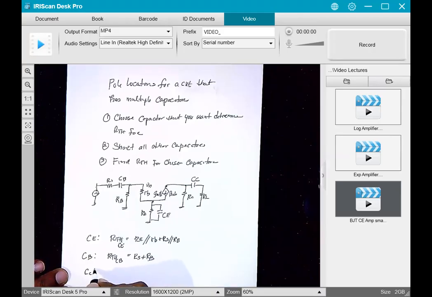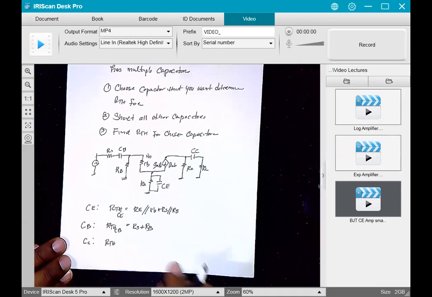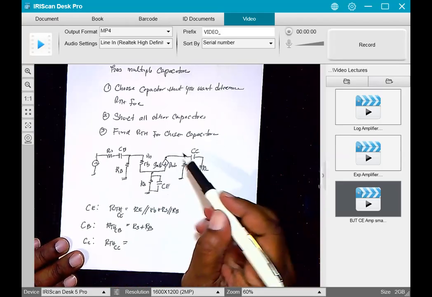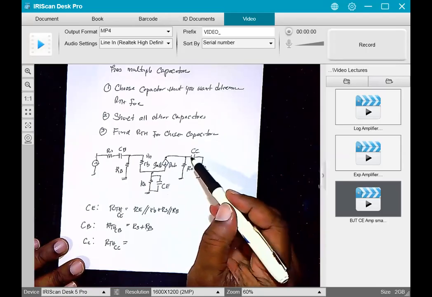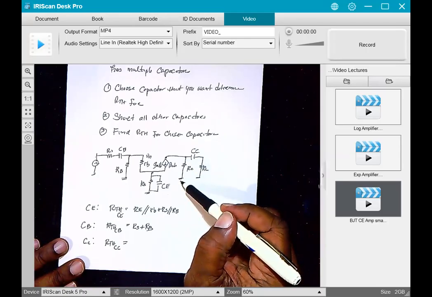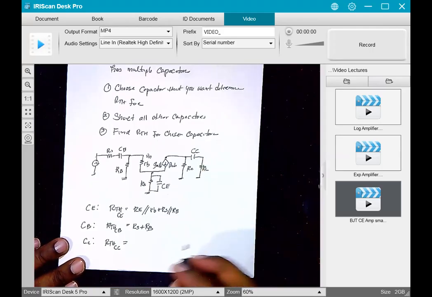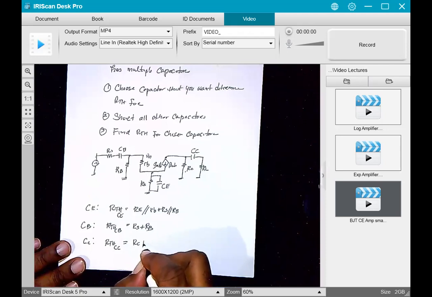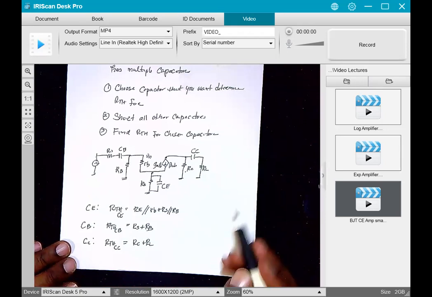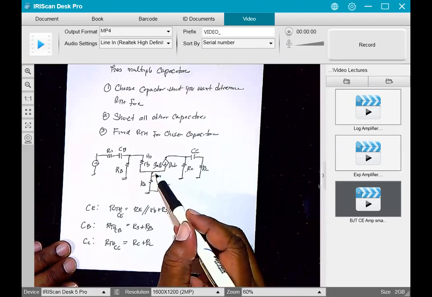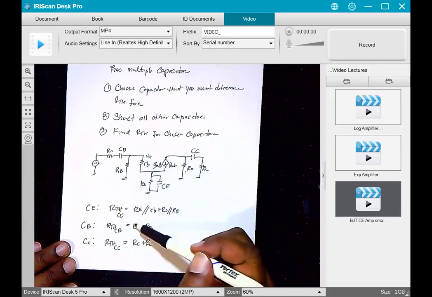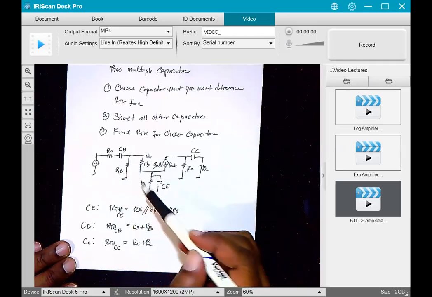And then for C sub C, R Thevenin, C sub C here, you're going to have RC plus RL. And I hope I got those right. Let's see, that's this in parallel with this plus this in parallel with that. And this is this one plus this one and this, yes.